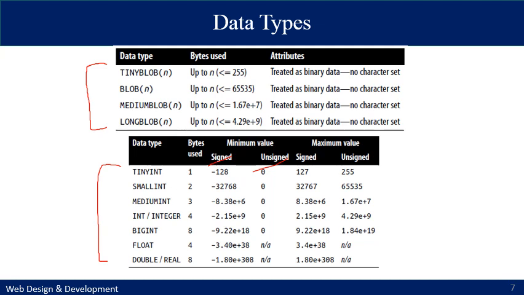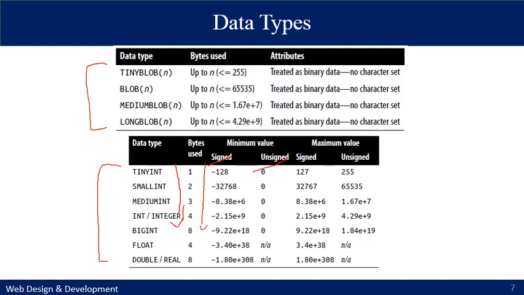Similarly, if you want to store floating point values, you have the float data type and the double data type. As you can see, if you move from top to bottom, each type contains a number of bytes in increasing order.